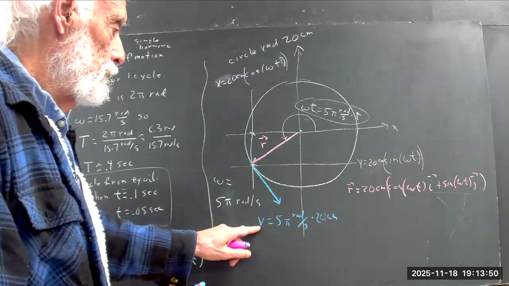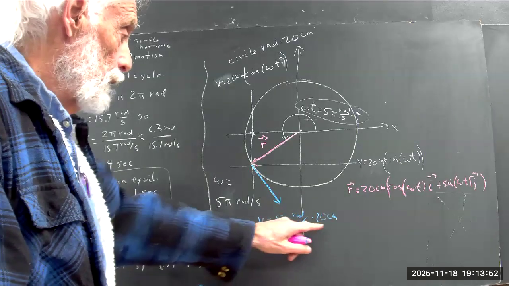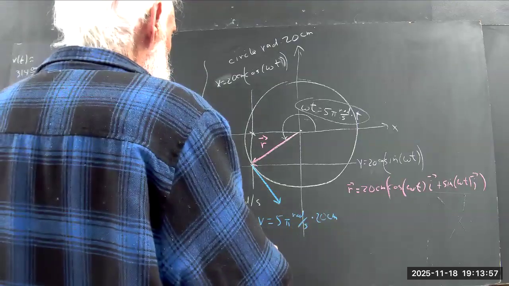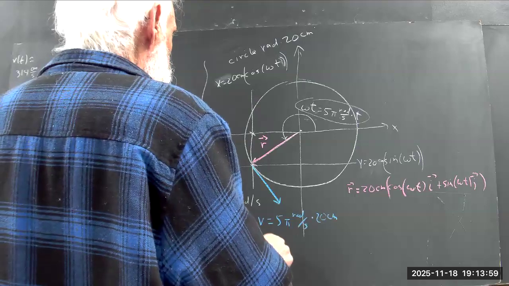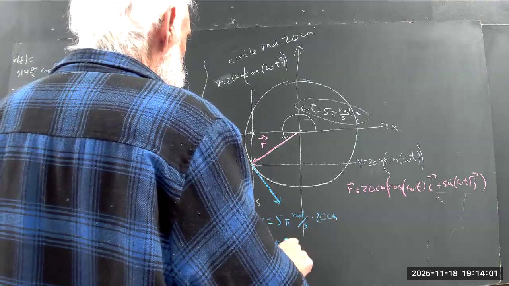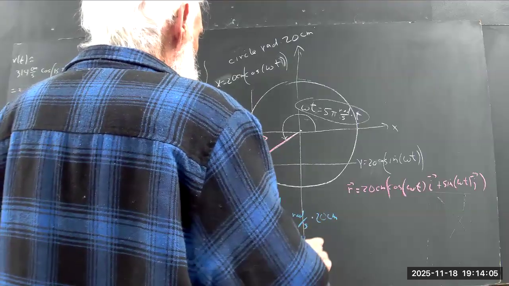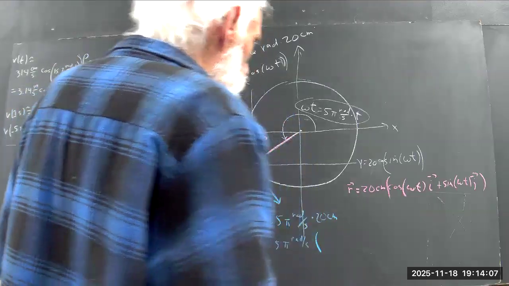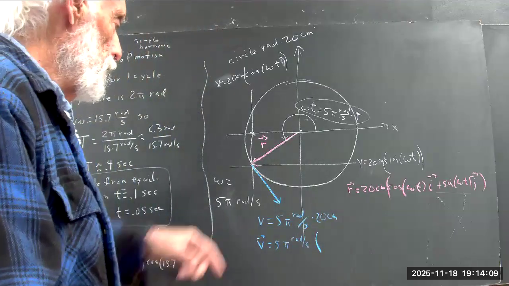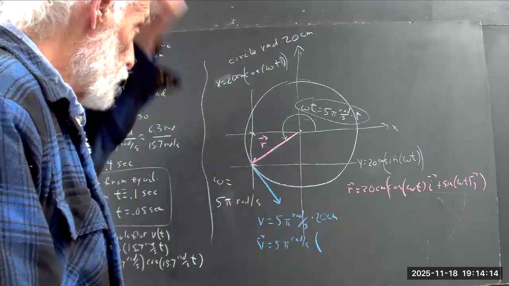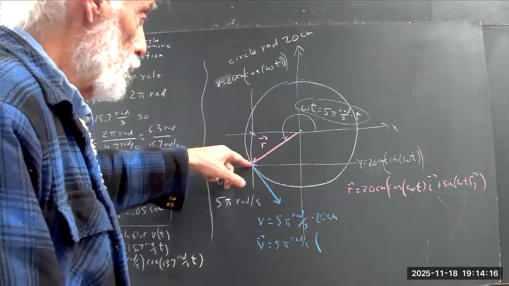So V, the magnitude of V is 5 pi radians per second times 20 centimeters. The V vector is 5 pi radians per second times a unit vector in this direction. This unit vector is perpendicular to the R vector.